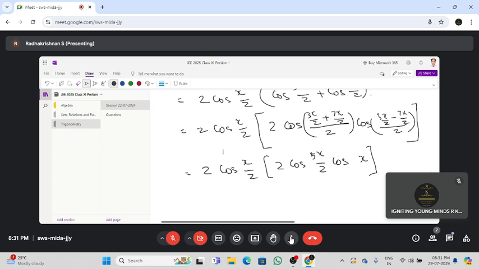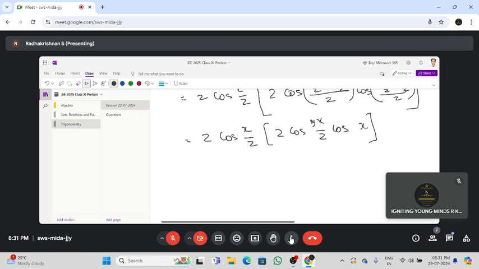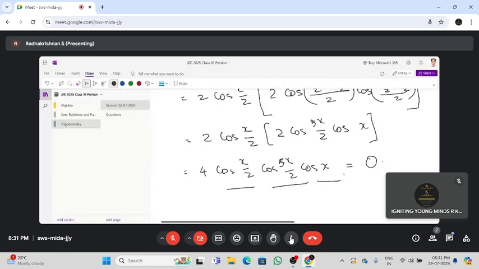You are in 12th, so it should be easy for you. Okay, so what you get is 4 cos x by 2 cos 5x by 2 cos x equal to 0. So we have rewritten the given equation like this. So now you can find out the value of x that satisfies this condition, right?